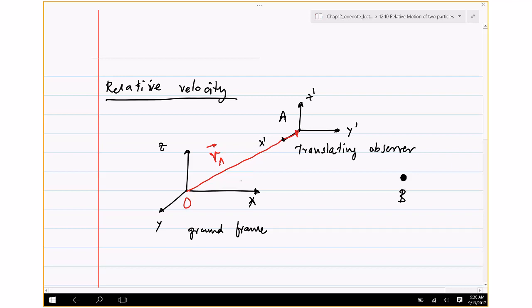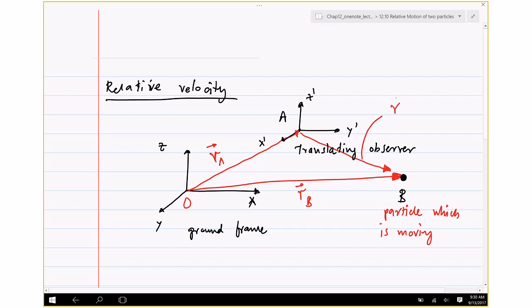I could also find the position of B. This is a particle which is moving. So the position of B, and relative velocity is when you're trying to find the position of B with respect to A.